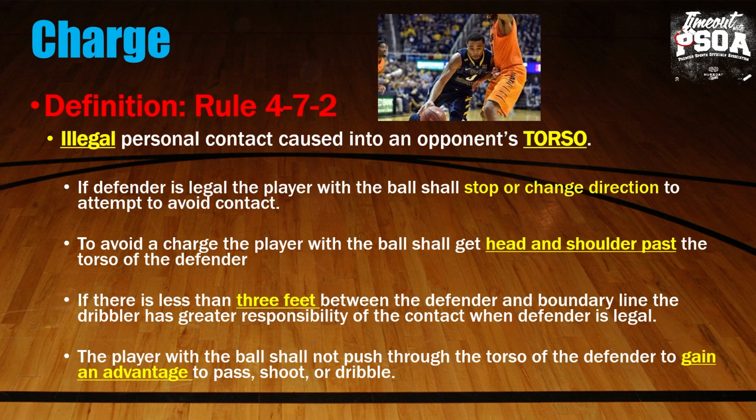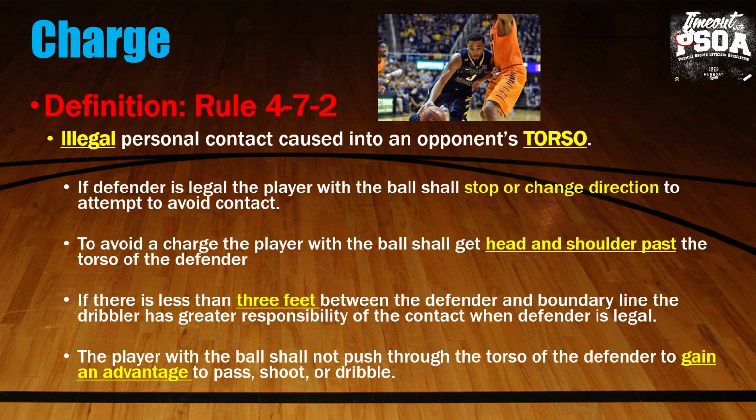A lot of times it can be incidental and nothing, because at the end of it, the offense lost possession of the ball and the defensive team's going to get the ball. It's within 3 feet, and the offense is responsible for that contact.